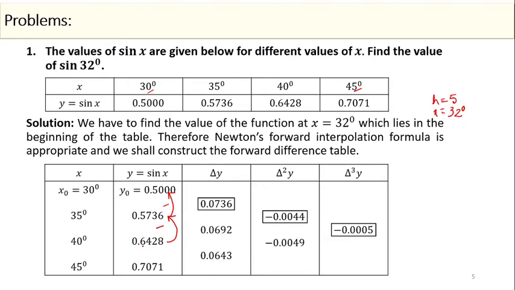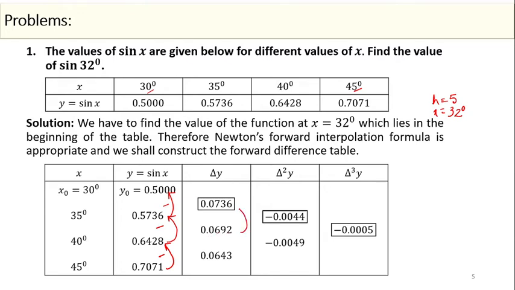Now subtract 0.6428 from 0.7071. That is 0.7071 minus 0.6428 is 0.0643. So these are the values of delta of y. Now to get the values of delta square of y, subtract 0.0736 from 0.0692.